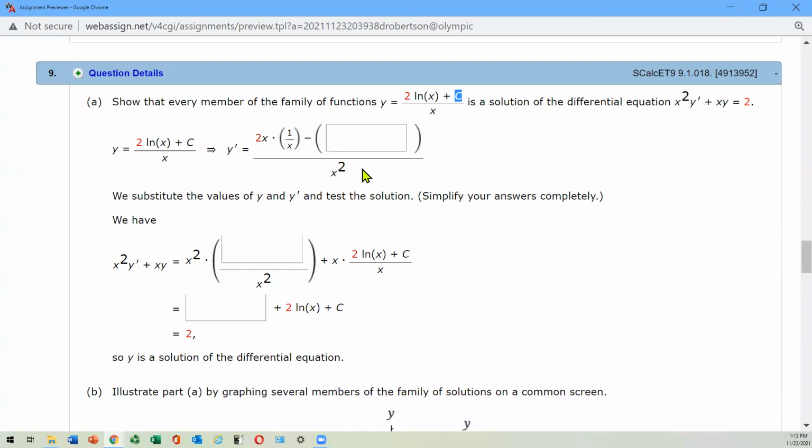It's a bit weird for my brain, but never mind. Okay, so I'm trying to find the first derivative of this thing, and the way I'm looking at it, it's 2 log x plus c over x. So it's basically f over g. And I'm just a little, oh, I see. What a weird way to do things.